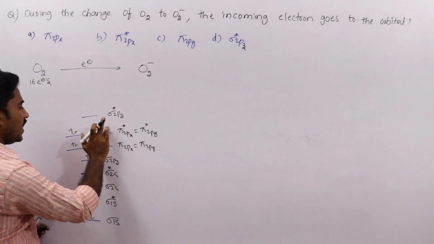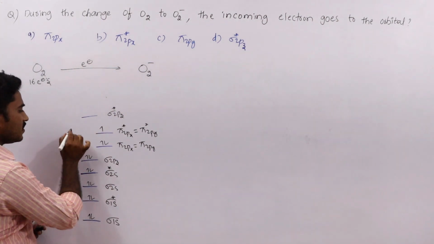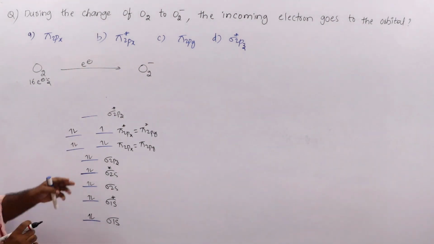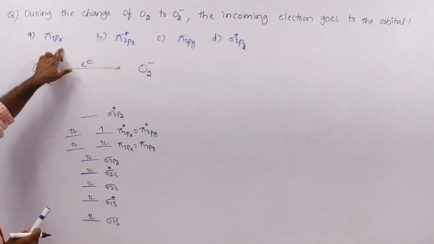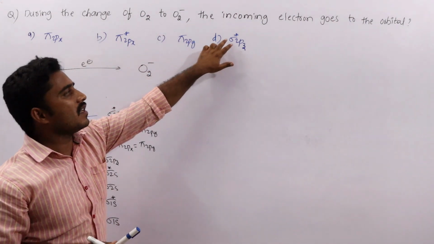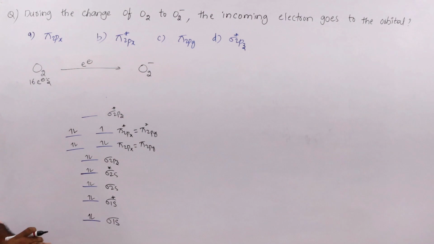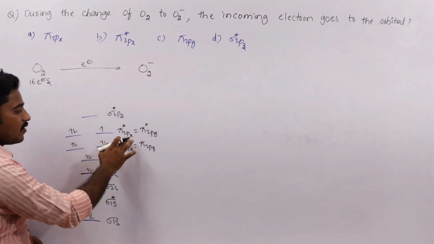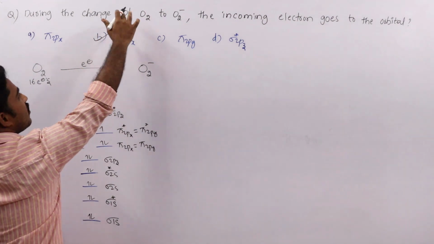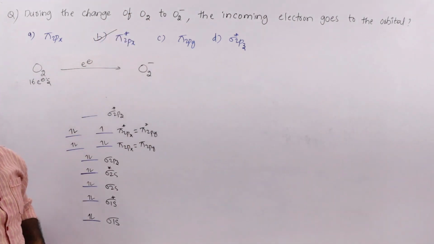For example, I'm taking pi star 2px, here the 17th electron is filled. In the given options, pi 2px, pi star 2px, pi 2py, sigma star 2pz, the 17th electron enters into pi star 2px. So pi star 2px is the correct option.